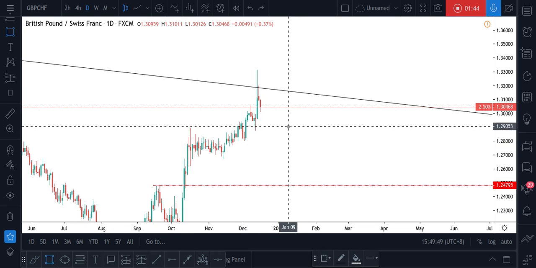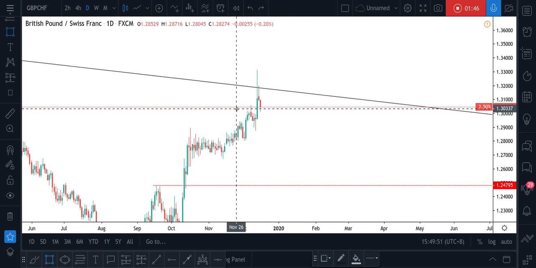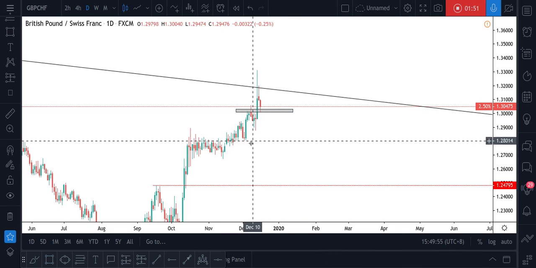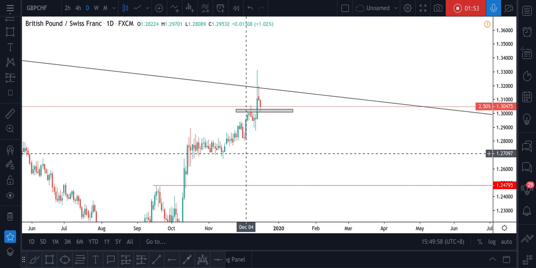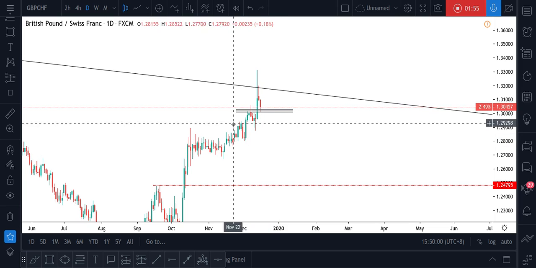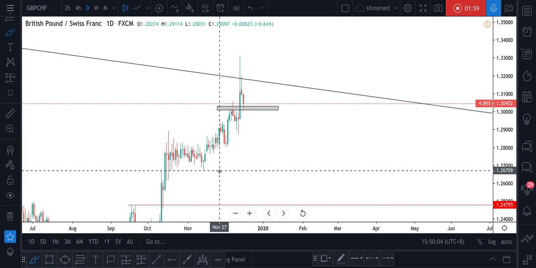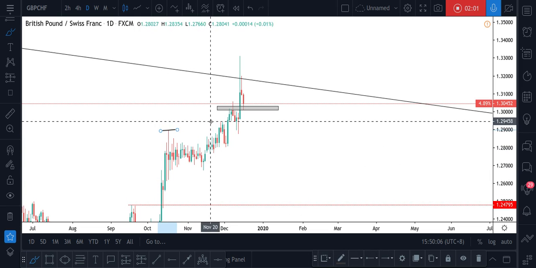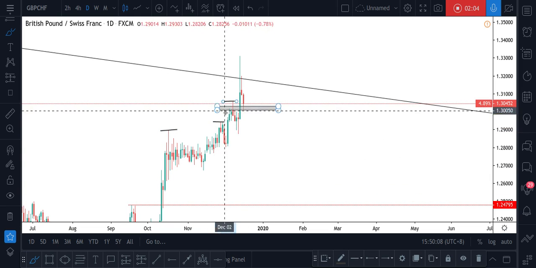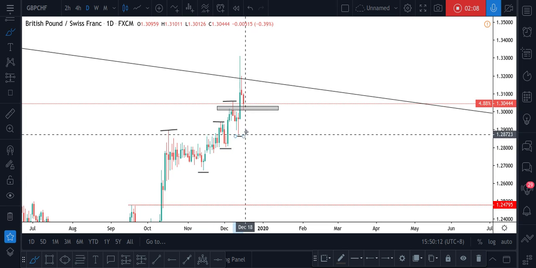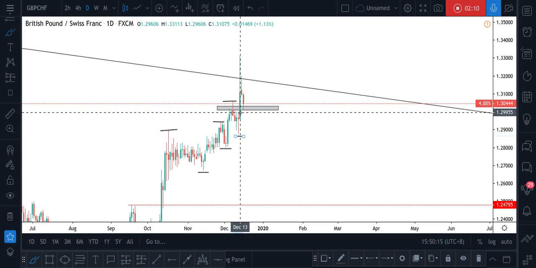What we are waiting for on the daily time frame is a break of structure, and for the market environment to change from a bullish market to a bearish market. What I mean by that is you can see the market always creating higher highs and also higher lows, which means the market is not ready yet for a push to the downside.